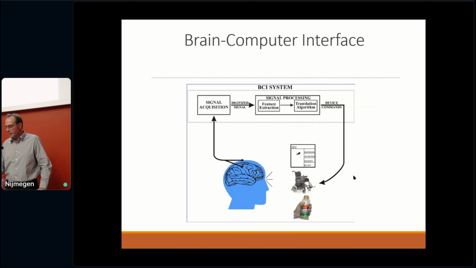Now, the brain-computer interface, the very basic principle is you record signals from the brain, and Jordi just nicely showed some of the EEG methods. That goes into a signal acquisition system, an amplifier, and that does the processing. I'm not going to talk about decoding algorithms.